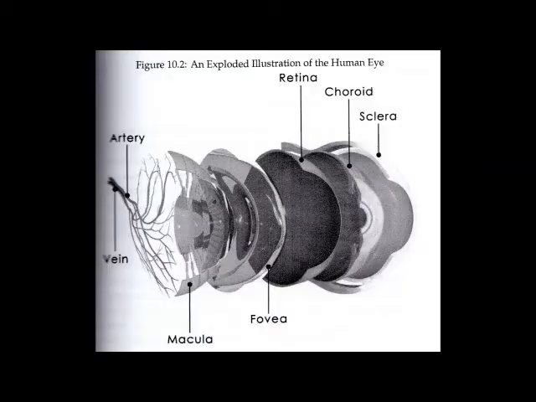Now here's a little sub-chapter that Jerry talks about. It says, does the backward design block inward coming light? It says, nerve cell fibers and the small branches of the central retinal artery and vein produce minimal hindrance to light reaching the photoreceptors, since most cells are 70% water.